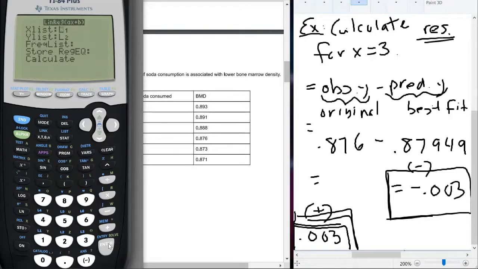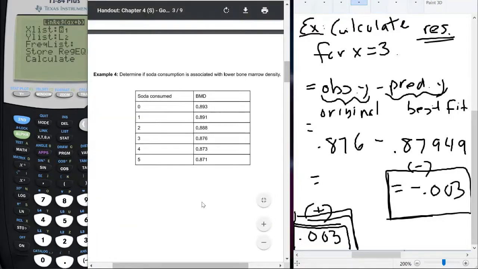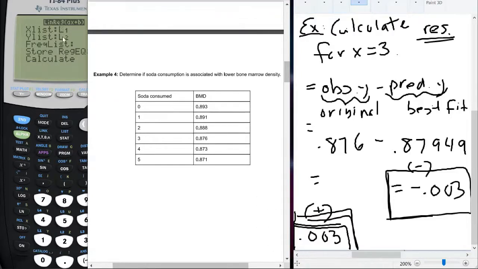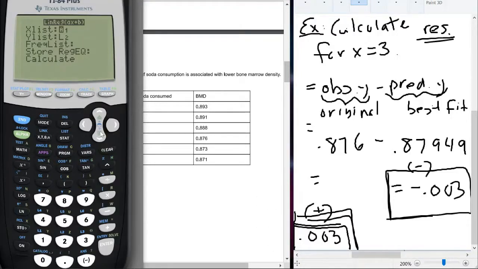Okay, so for the X list, we want it to be the soda consumed column. The Y list, we want that to be the bone marrow density. Now, when you go down, you will leave frequency list as is, and you want to go down to where it says store regression equation. Okay, so this is where you want to place Y1, where Y1 is your best fit line.